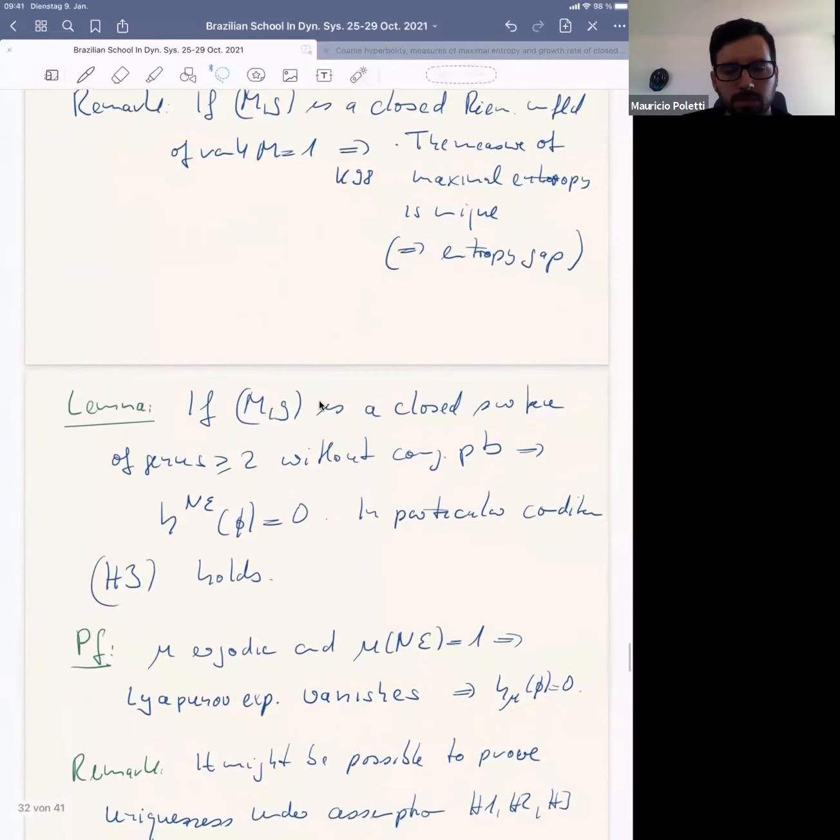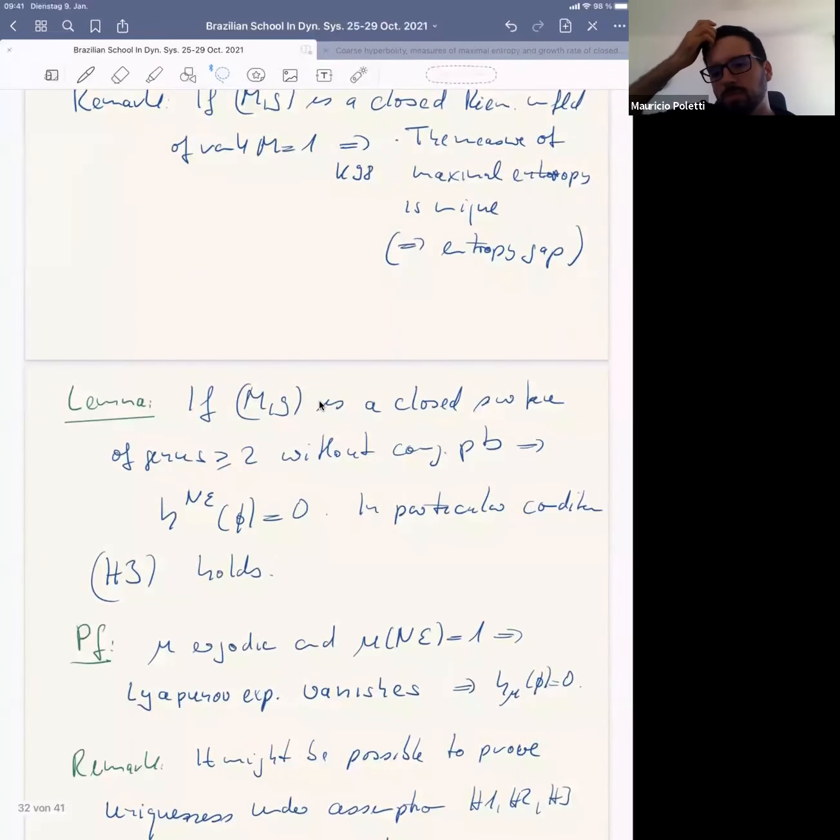So there are more questions. Katrin, you want to? I think in the paper you mentioned with Burns, Climenhaga, Fisher, and Thompson, they have a priori a gap by some other thermodynamic property. So they assume the gap and show the uniqueness of the equilibrium states, not just entropy.